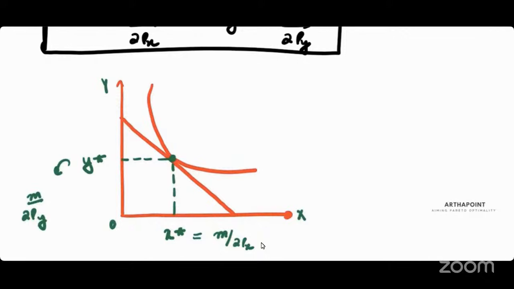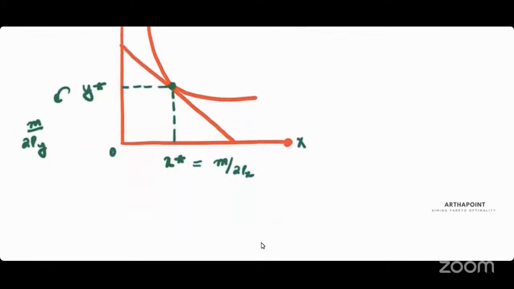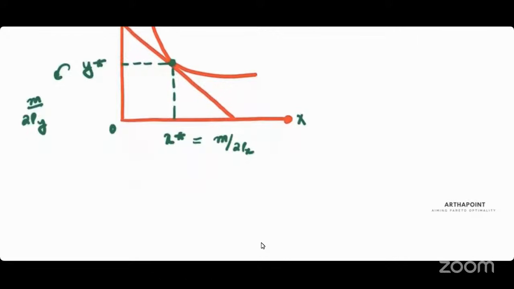These x star and y star that you just obtained are called Marshallian demand functions. Okay, so it's known as the Marshallian demand function, that x star, y star that maximizes utility.